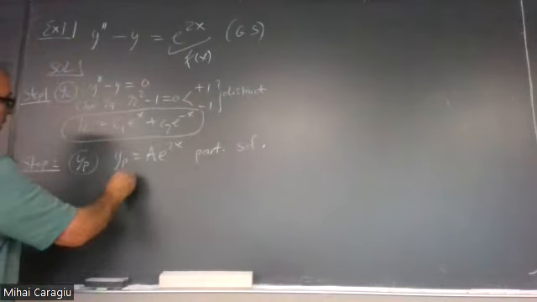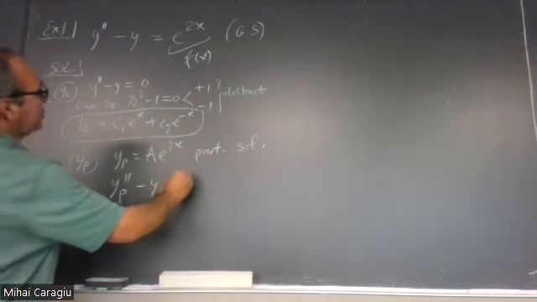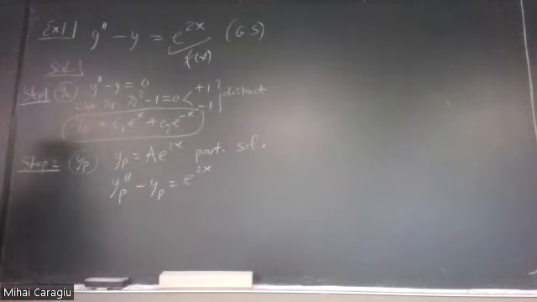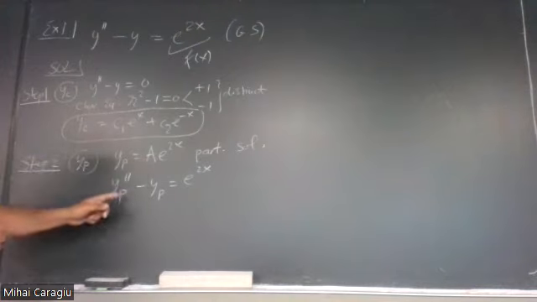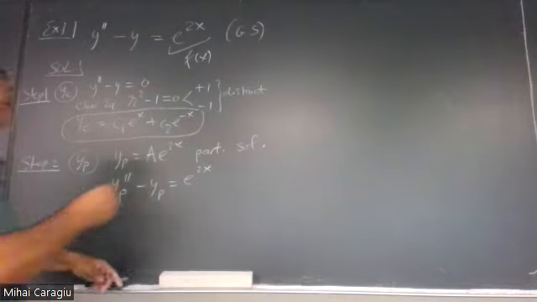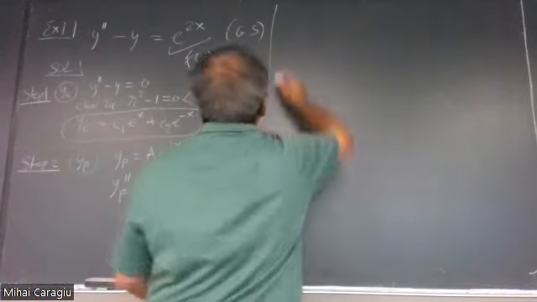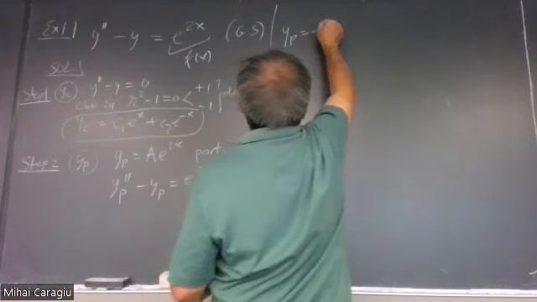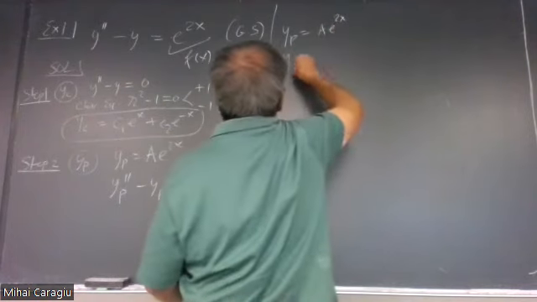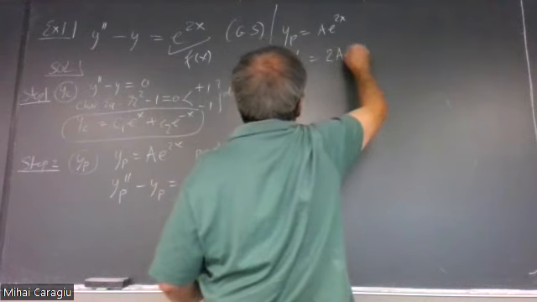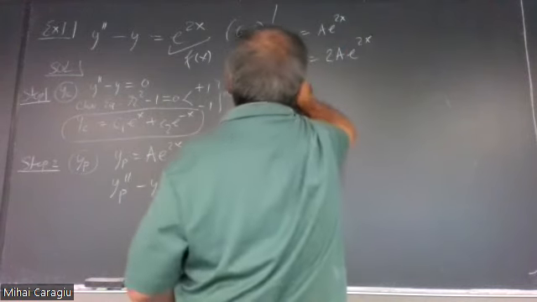So y p second minus y p equals e to the power 2x. Okay, so let's find exactly the value of a which makes y p second minus y p equal to e to the power 2x. So y p equals a e to the power 2x. Y p prime will be 2a e to the power 2x.